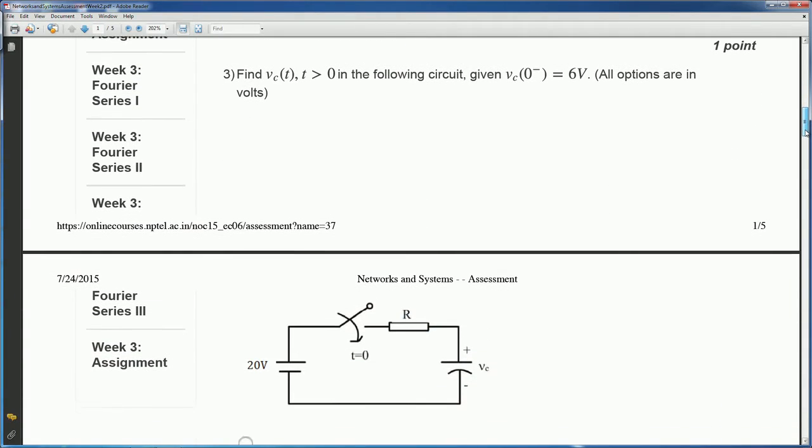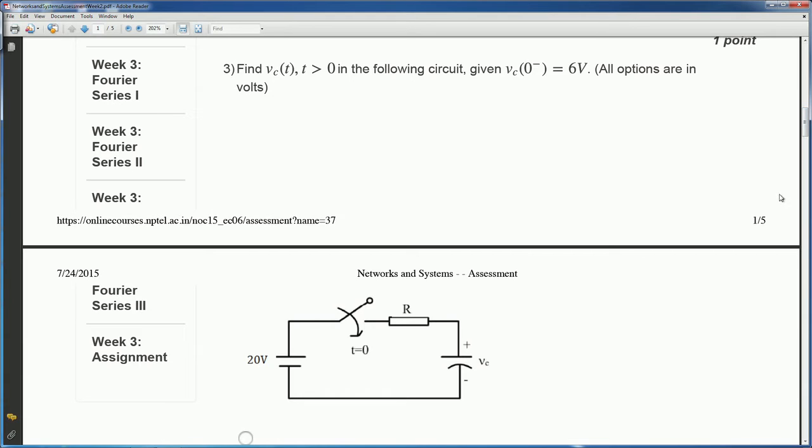Okay. So, that is the hint for the second question, and as you go through, you look at the third question. From the third question on, you will start getting circuits. So, there will be a circuit and some initial conditions, and something would happen at time 0. You will have to solve the circuit in some form and answer a question. For instance, this question says there is a battery, there is a switch, and there is an RC circuit.